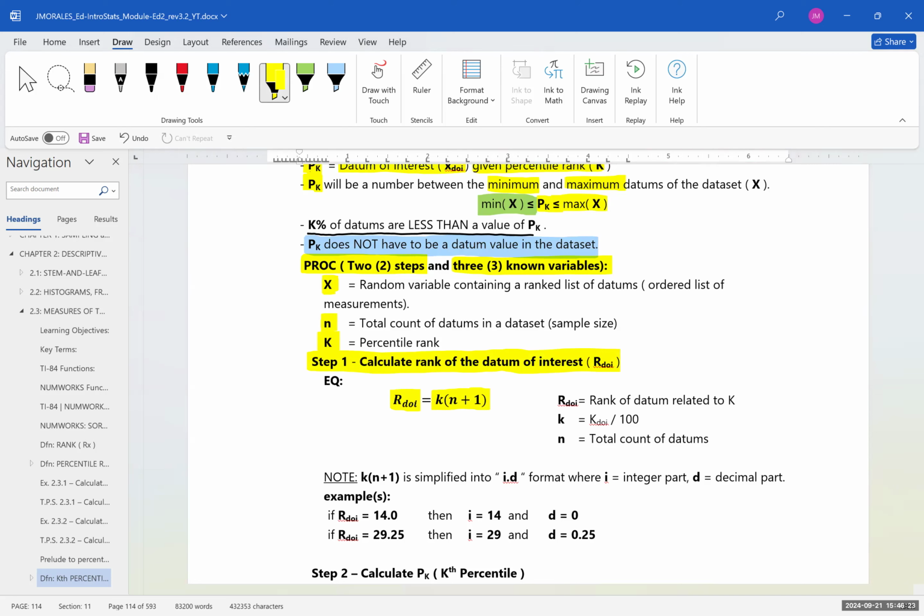So off to the right, I've defined what all of these mean. R subscript DOI, this is the rank of the datum of interest related to K. Lowercase k is just the percentile rank divided by 100. And n, like we saw before, is just the total count of datums.